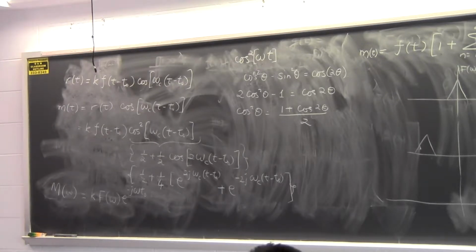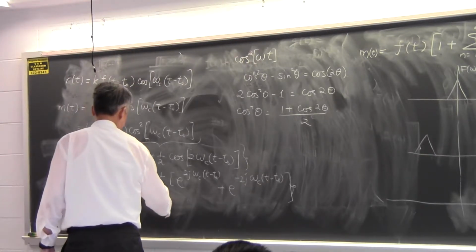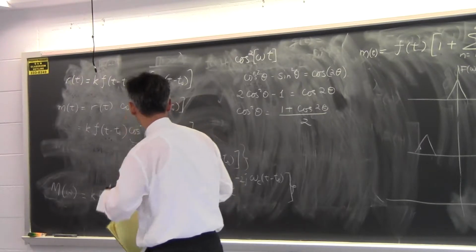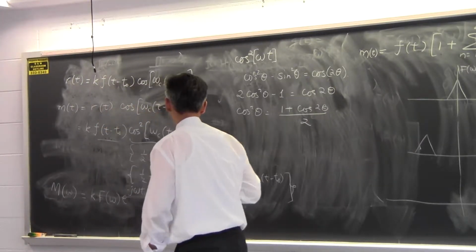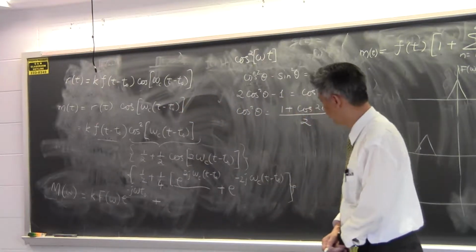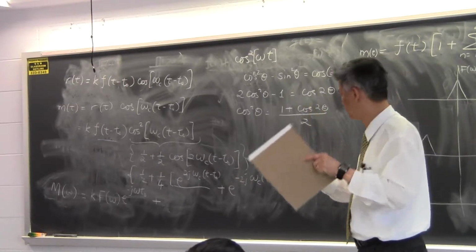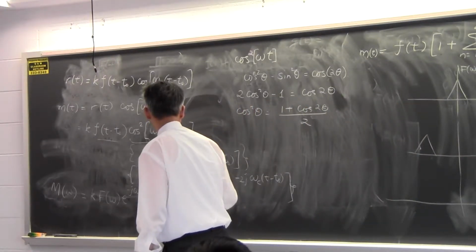It contributes to that shift. Okay? And then the second term would be, what does it do if you multiply this thing by this thing over here? It will just translate or shift the Fourier transform by that amount.